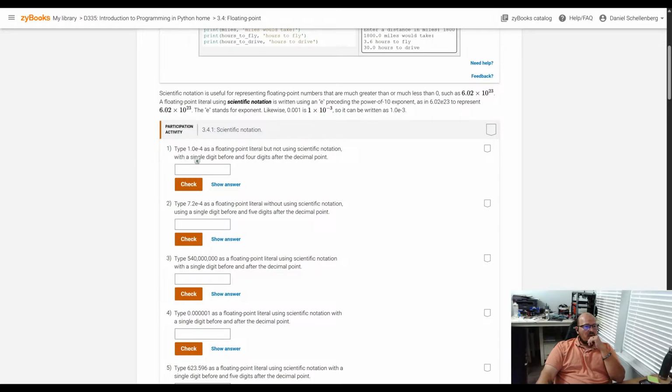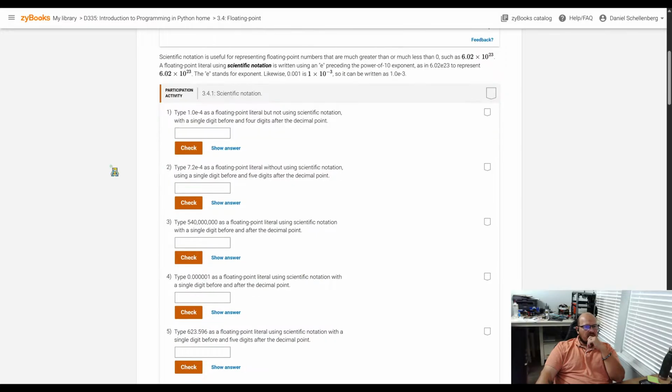Type 1.0e, does that say minus? Yeah, that's minus. As a floating point literal, but not using scientific notation, with a single digit before and 4 digits after the decimal point. Hold on, let me reread that again.